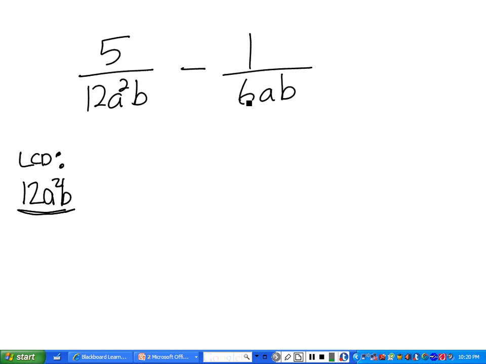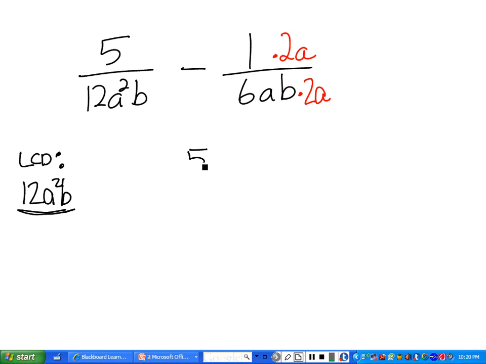But I am missing some factors over here in this denominator, 6ab. So, what do I need to multiply 6ab to get 12a squared b? I definitely need to multiply times 2 to get that 12, and another a. So therefore, top and bottom by the same factor.